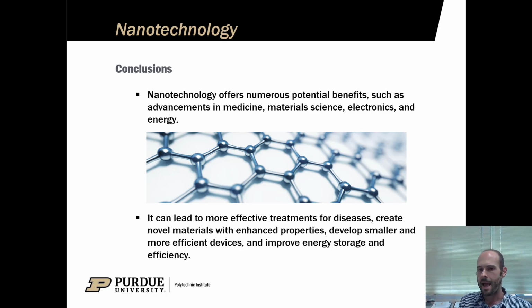I don't have the end answers because nanotechnology is so broad and new, and there are countless applications being envisioned. But it's the scale of these products that gives them different properties. And then once a property is designed, scaling that process back up to a size that we can use offers potential benefits in medicine, material science, electronics, energy, and many others.